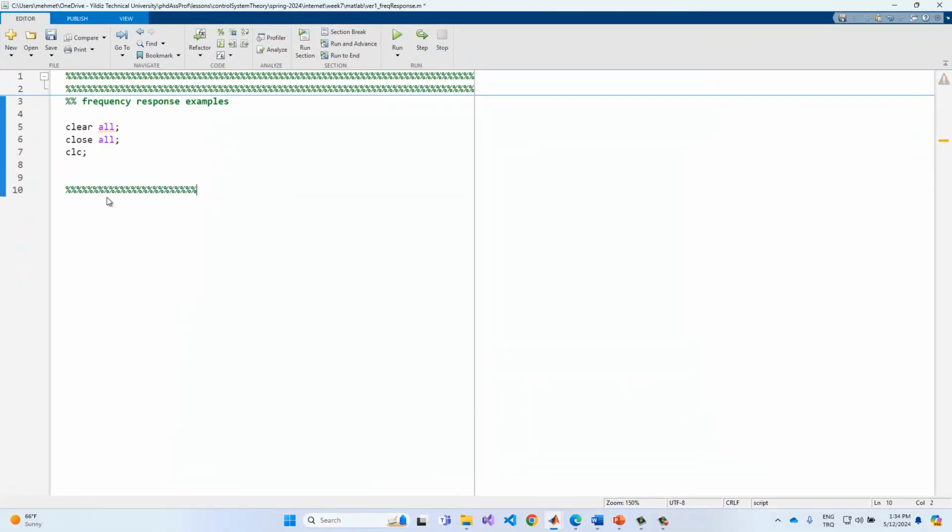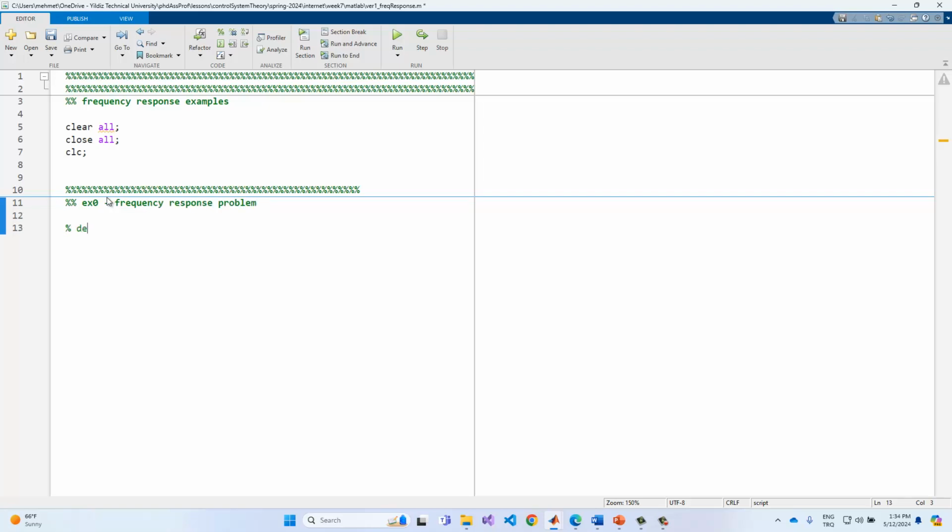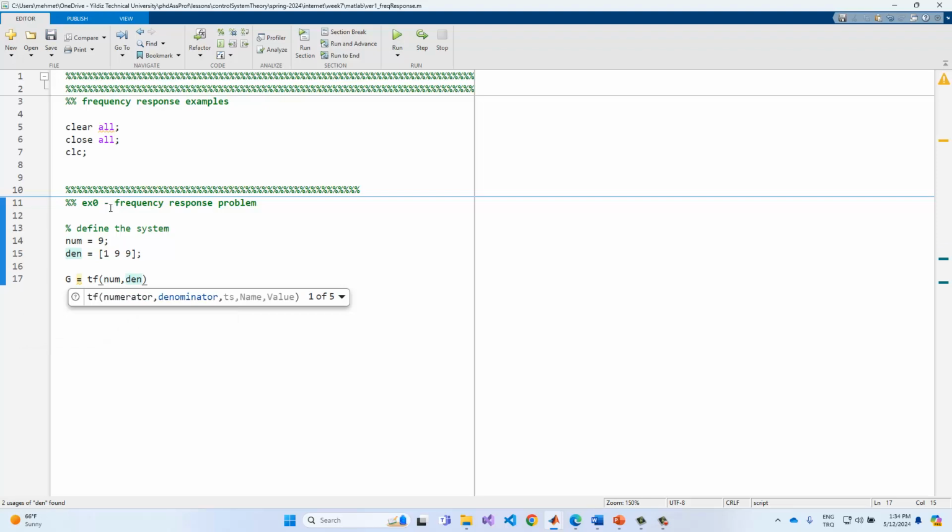So in the first example, we need to talk about the x0 frequency response problem, okay? So define the system just like this one. The num is equal to 9, den is equal to 1 9 9, and g can be defined with tf(num, den), okay?